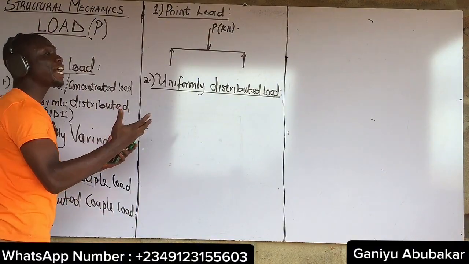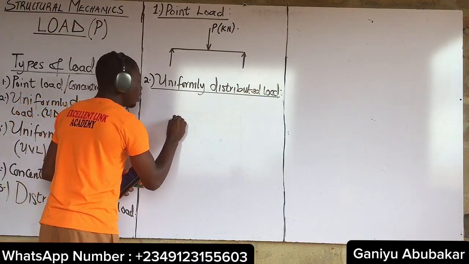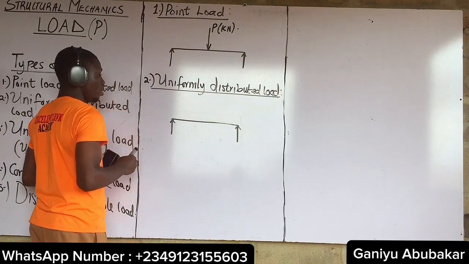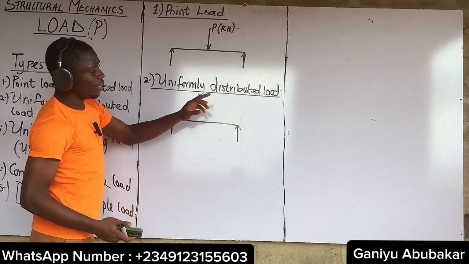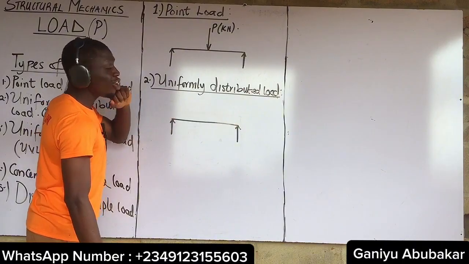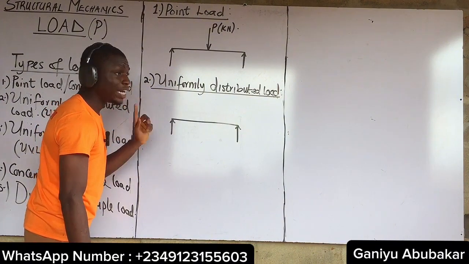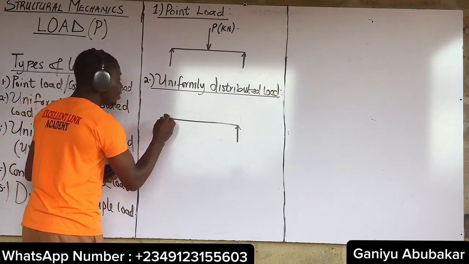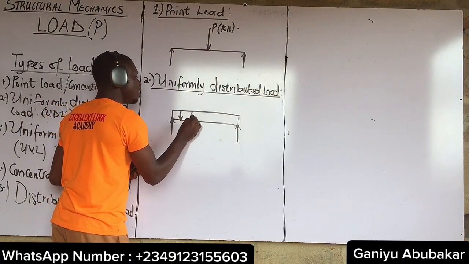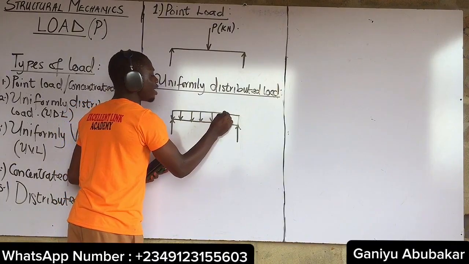All right, the diagrammatic expression for this becomes something of this nature: a support here and a support here. So when it comes to UDL, also called uniformly distributed load, the diagram is expressed in two cases. I'll give you case 1 and case 2. For case 1, I have something of this nature. If I'm seeing this load, this is called uniformly distributed load.